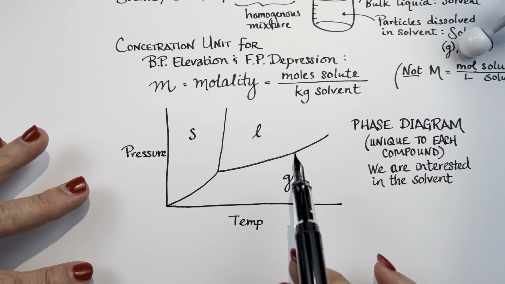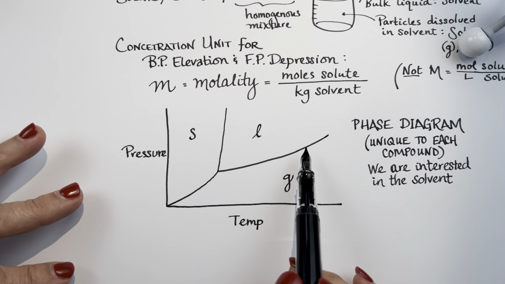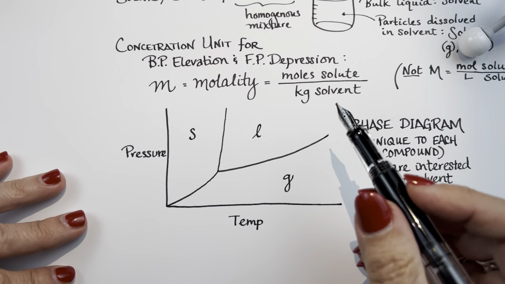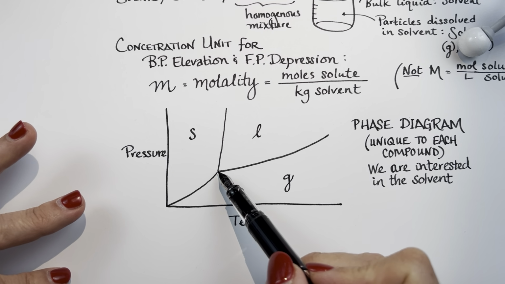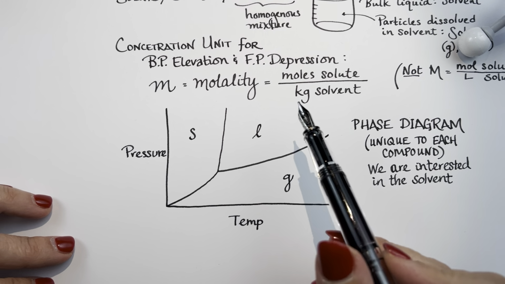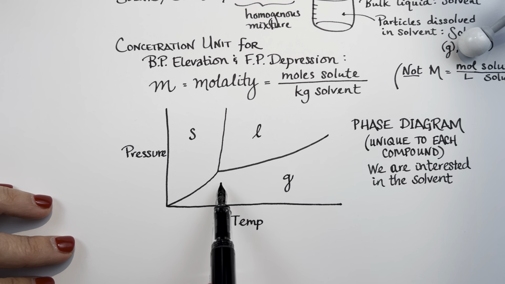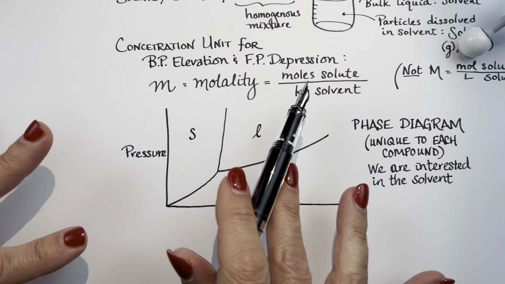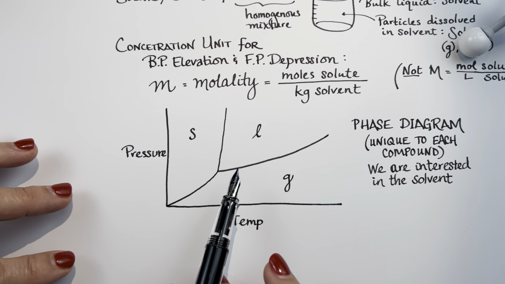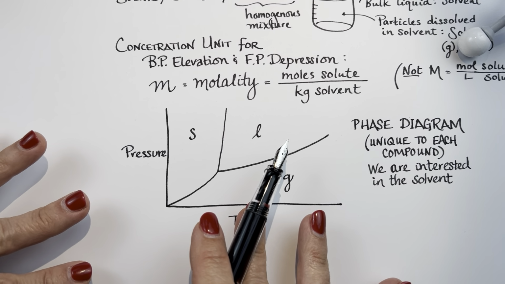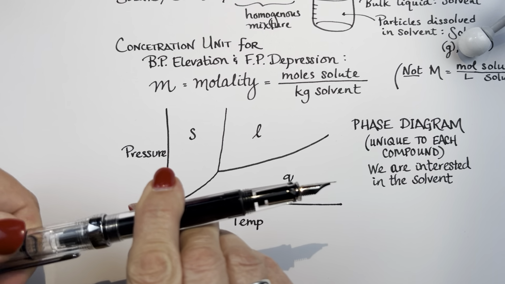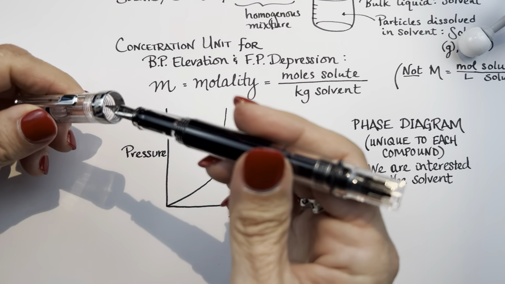As you learn more about phase diagrams, you learn about things like the triple point, where at exactly that pressure and temperature, you will have all 3 phases in equilibrium. So there are aspects to this, but I want to focus on what we are interested in with our colligative properties.